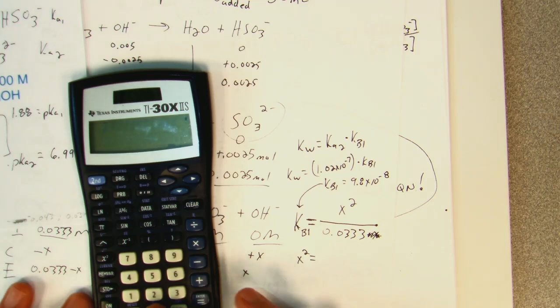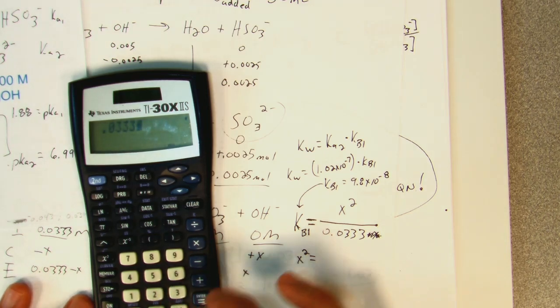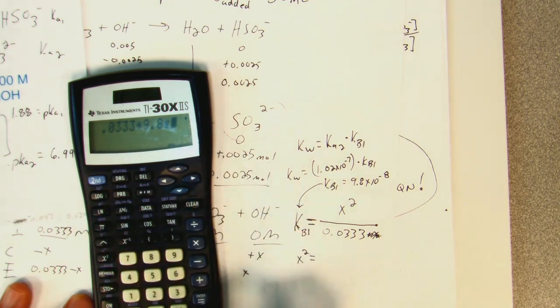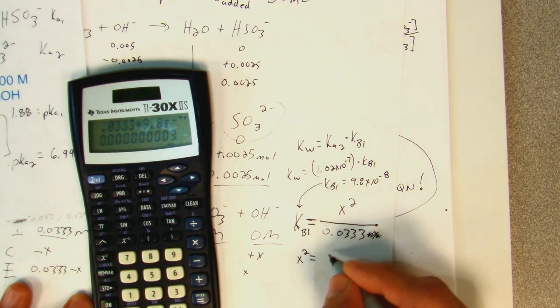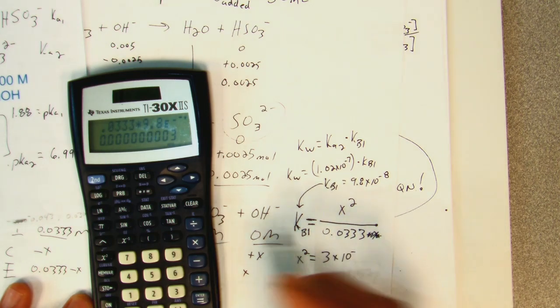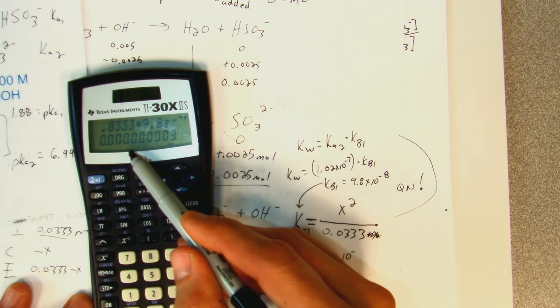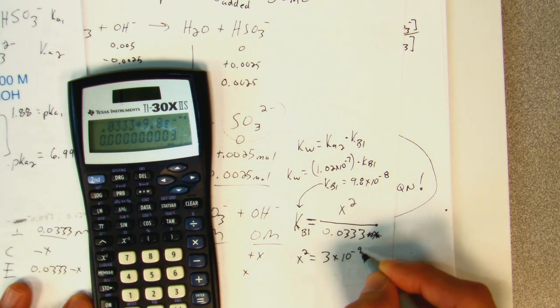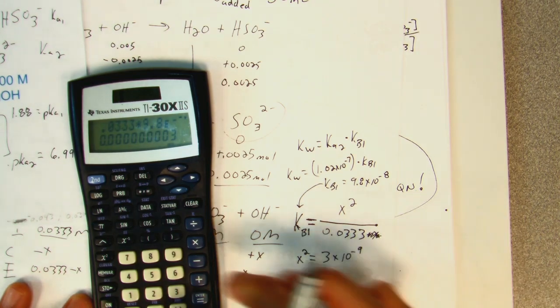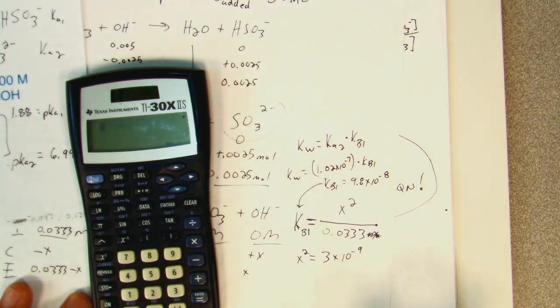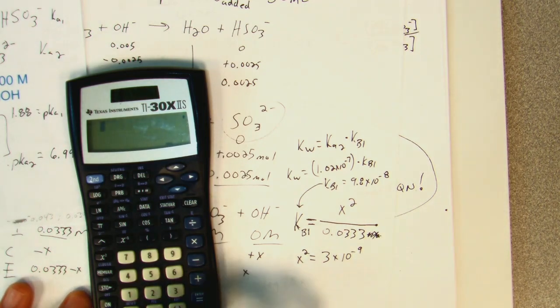So if I take 0.0333 and multiply it by 9.8e to the minus 8, I only get 1 digit of precision, unfortunately, but I get 3 times 10 to the minus 9. My calculator only gives me 1 digit of precision. Alright, nonetheless, I'm going to need to roll with that.